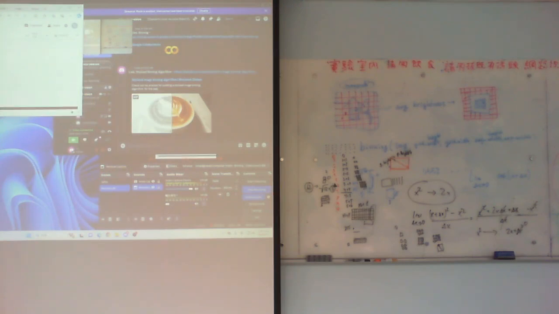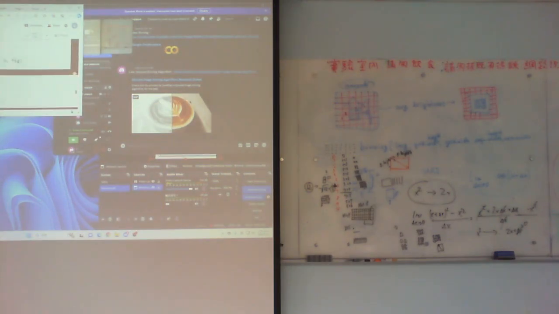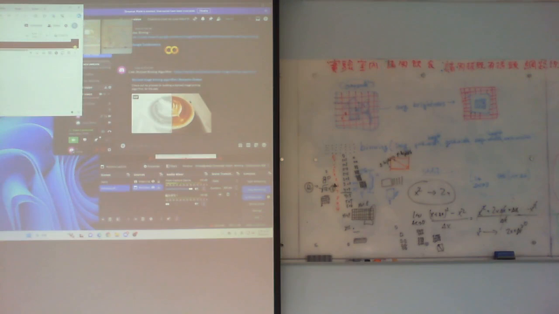And then if it's 50% black, then multiplied by 128.